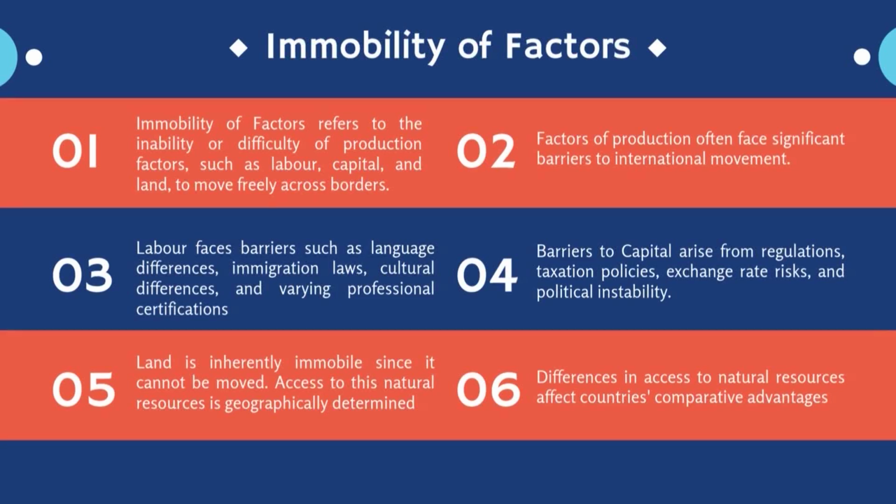In trade within countries, or regional trade, the factors of production are not perfectly mobile, but restrictions are comparatively very few, and as a result, the factors of production can move from one region of a country to another without much effort.